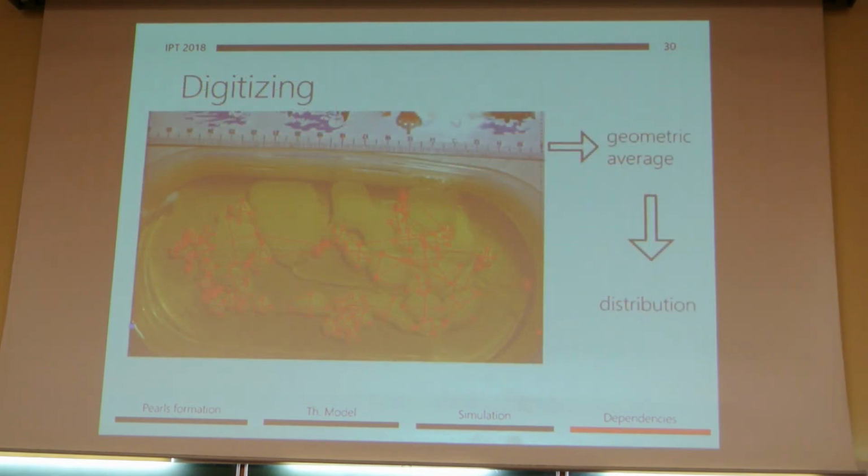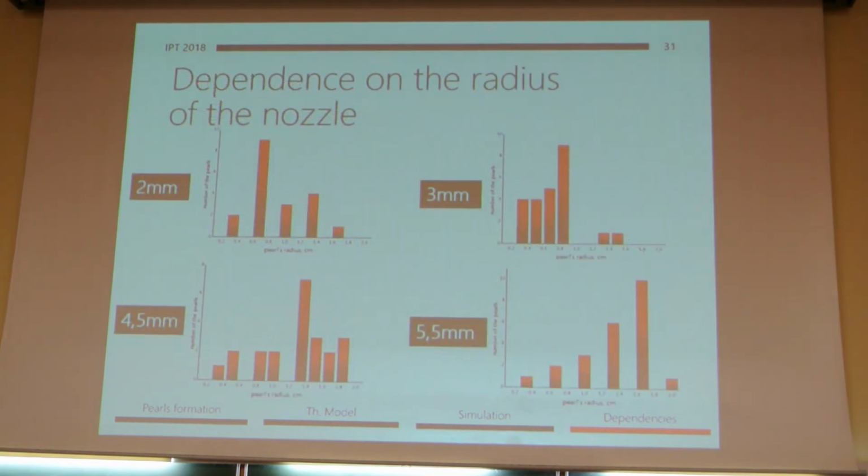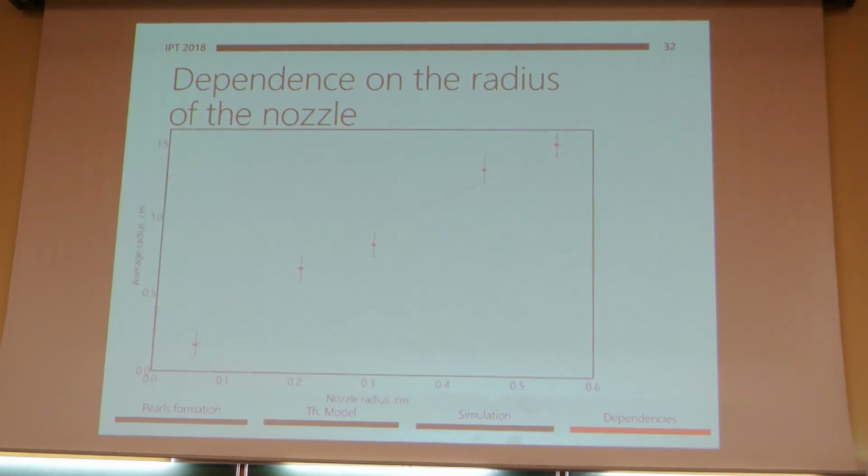After digitizing each picture, we obtain distributions of sizes of egg white pearls in oil and find the average radius of each pearl. Then we put points on the plot of average pearl radius against nozzle radius. As I said in my theoretical part, the dependence may be like this, and it corresponds very well.